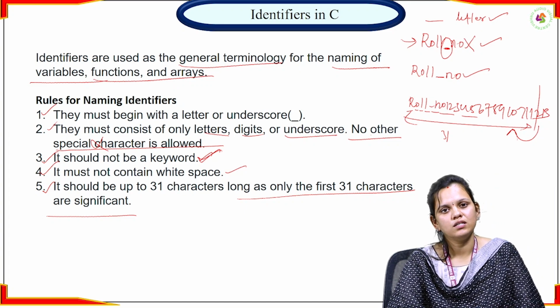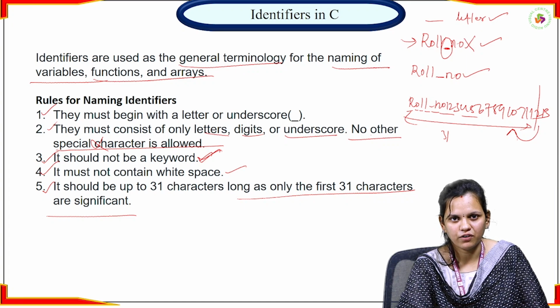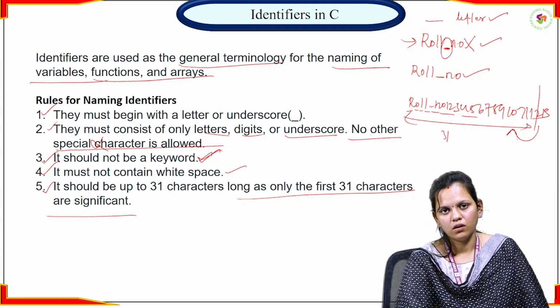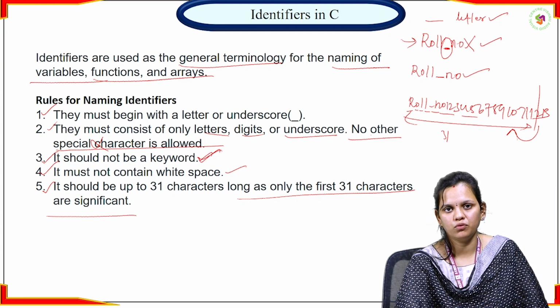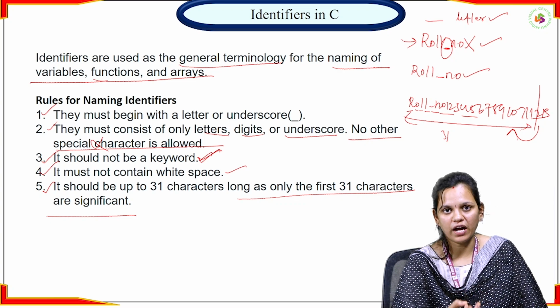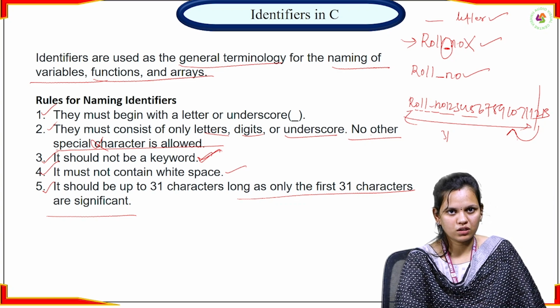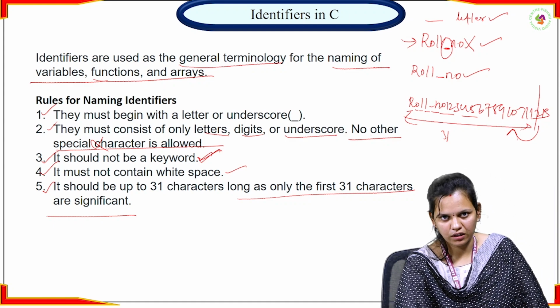Okay, now let us see some valid and invalid identifiers. Suppose I want to write a program to print employee details. There I have variables like employee name, employee ID, employee salary, employee blood group, all those things. So let us write some valid and invalid identifiers.